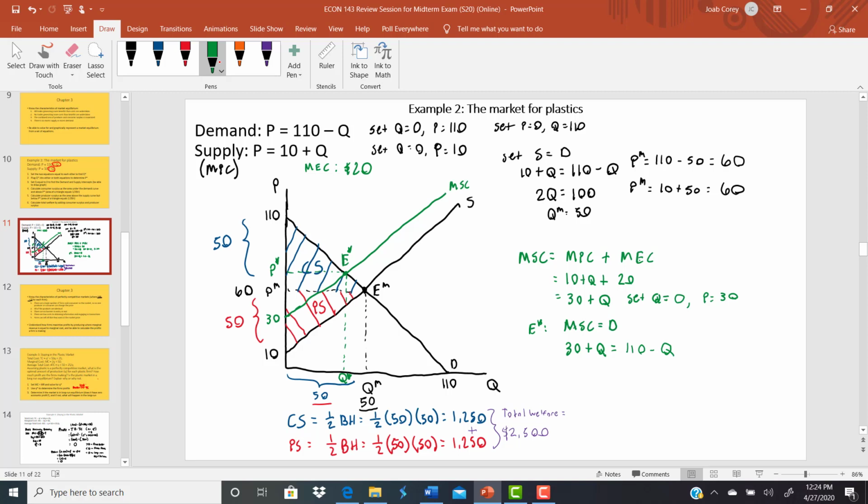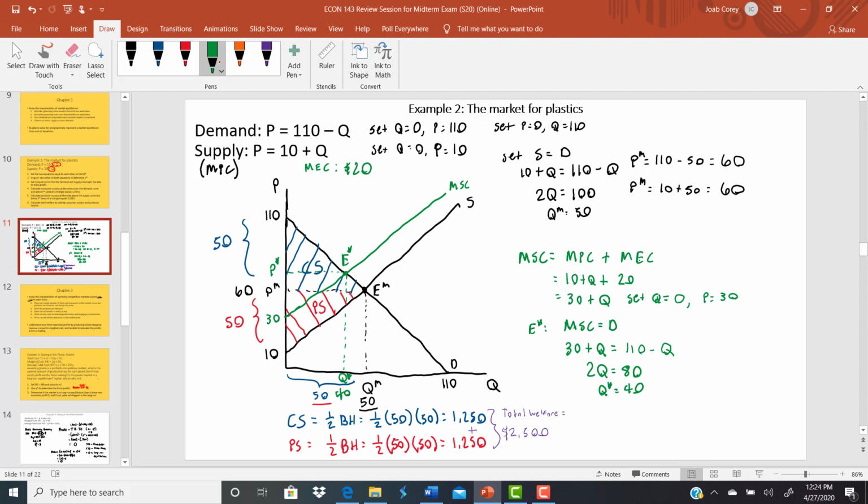So we're going to add that negative Q over to the other side. So we got 2Q equal to, and then we're going to subtract 30 over to the other side. So 110 minus 30 is equal to 80. That's going to give us a Q star equal to 40. So that's going to be the Q star here in this particular graph.